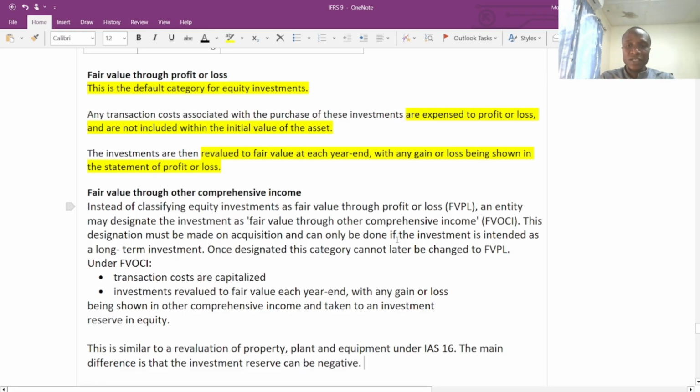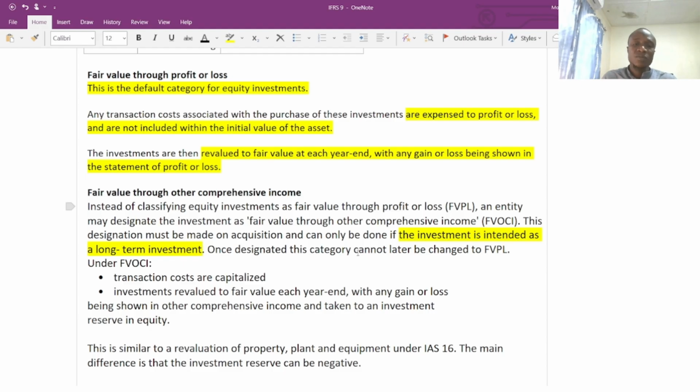Very important concept. We can only designate this particular transaction to be fair value through other comprehensive income if the intention of the purchase of that particular equity investment is for a long-term investment. Other than that, we are not going to account for it as fair value through other comprehensive income.